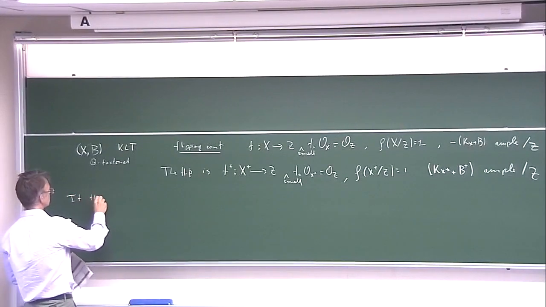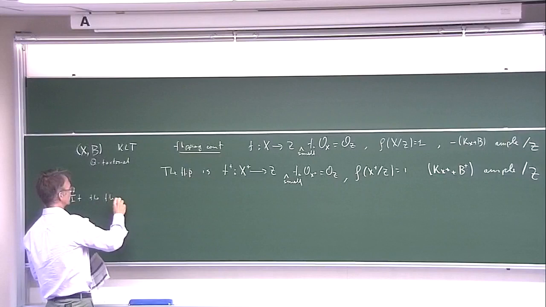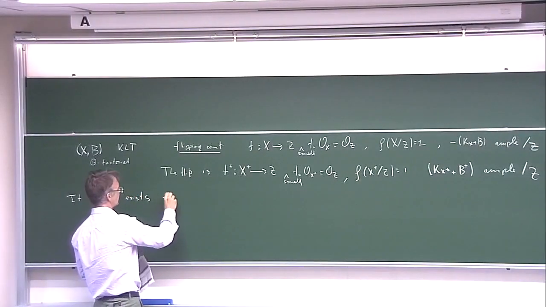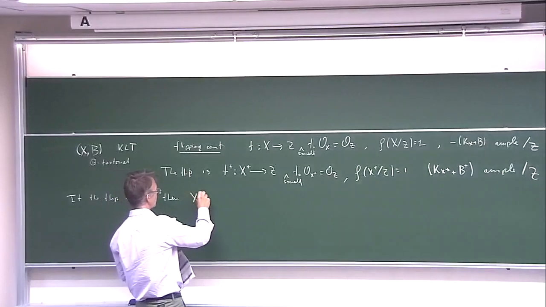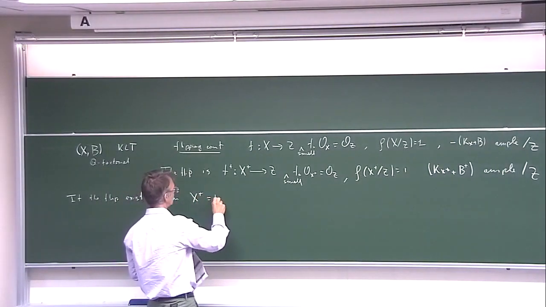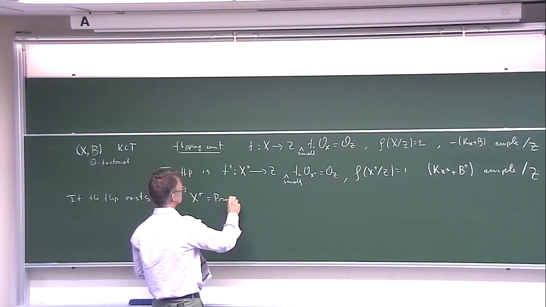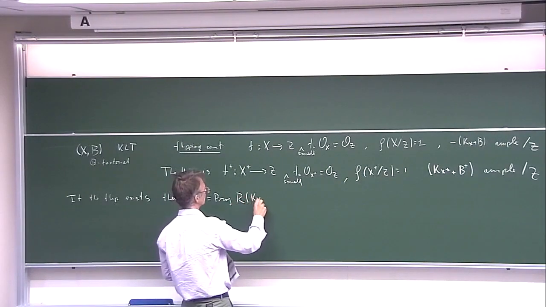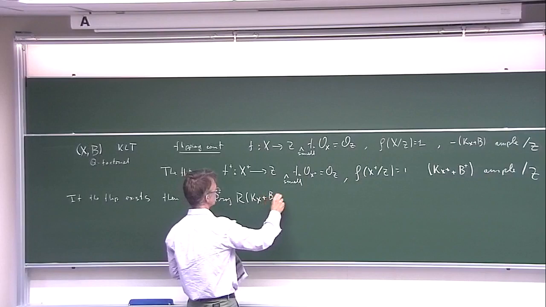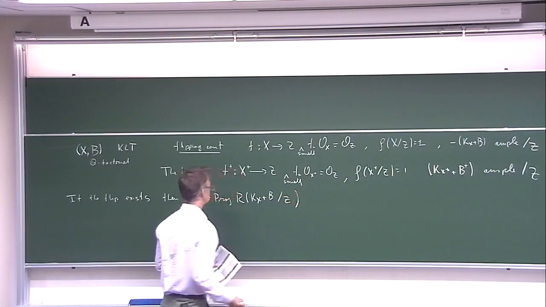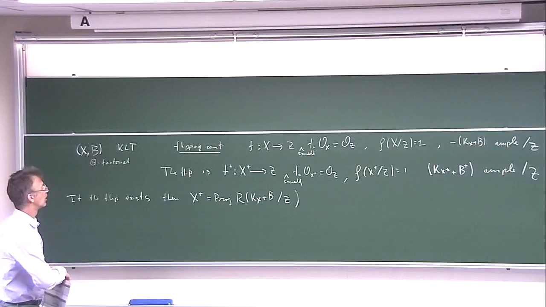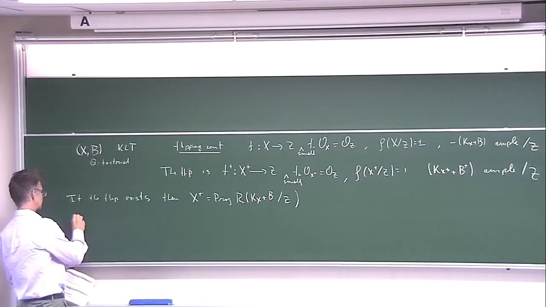Okay, so if the flip exists, I've already told you that then it's given by taking Proj of the pluricanonical ring of K_X + B over Z. Now maybe I should explain why this is the case. So here's the reason.